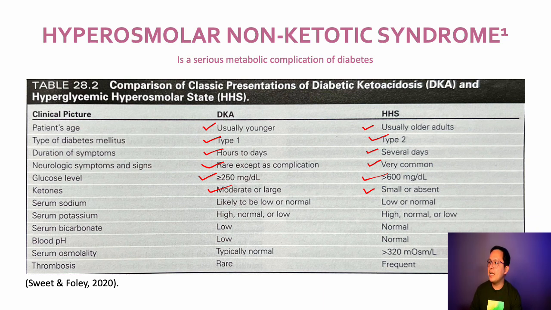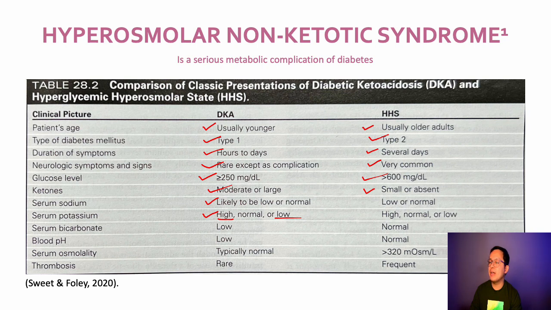Serum sodium is likely to be low or normal for patients with DKA, and remember you have to treat this with 0.9% sodium chloride, and in HHS it is low or normal. Serum potassium in DKA is high, normal, or low: high when insulin is not given, low when it is given. High, normal, or low in HHS. Serum bicarbonate is low in DKA, and normal in HHS.